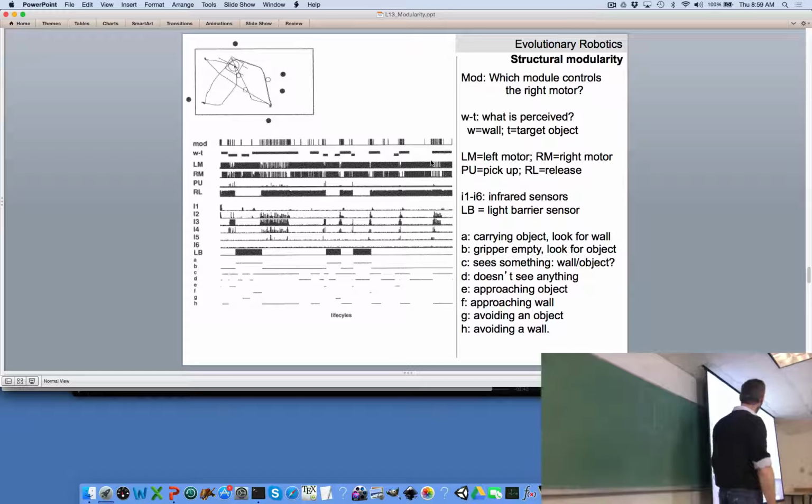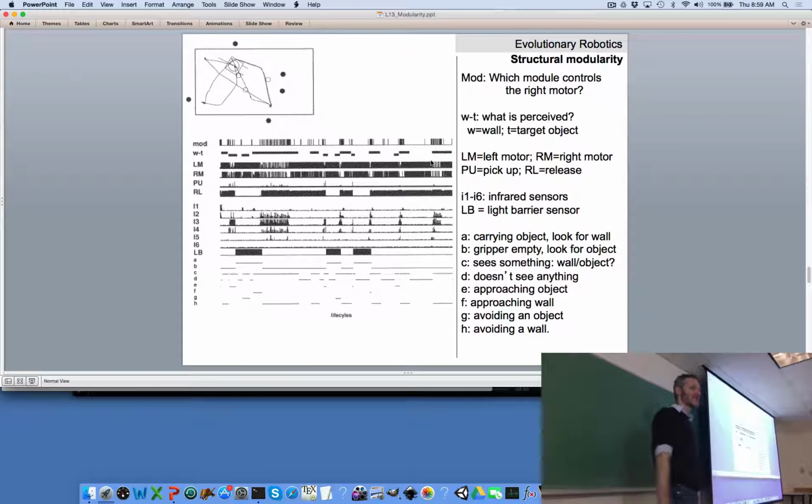So no luck so far. Here are our 6 infrared sensors, which are the beams that give us distance information. Is there a correspondence between the modules in any of these sensors? Sort of, right?